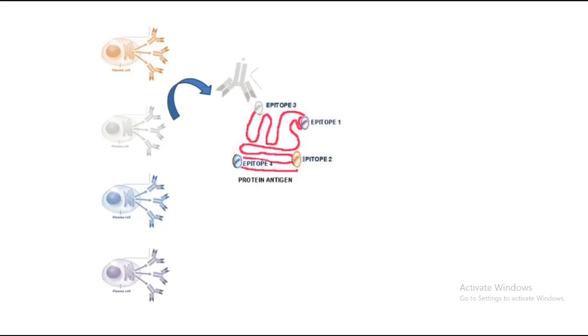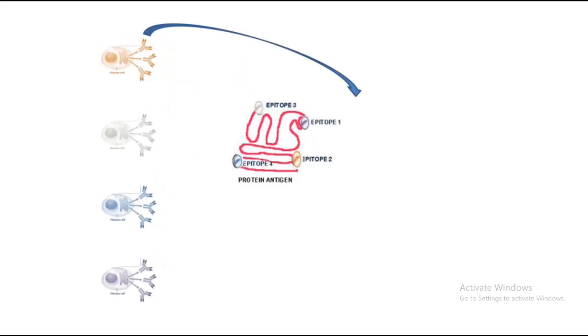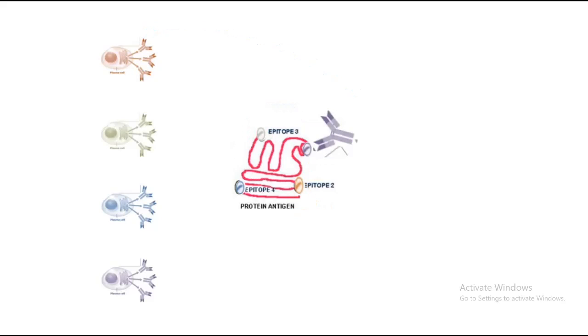And in the second scenario, the blue plasma cell will produce antibody which will be targeted against epitope 4. And then the grey plasma cell will produce antibody directed against epitope 3, and the orange will produce an antibody directed against epitope 2. So that is how the immune system will respond. Okay, and here we have each one binding.